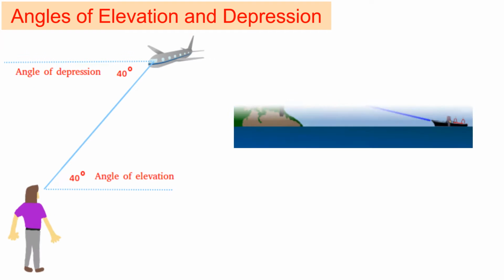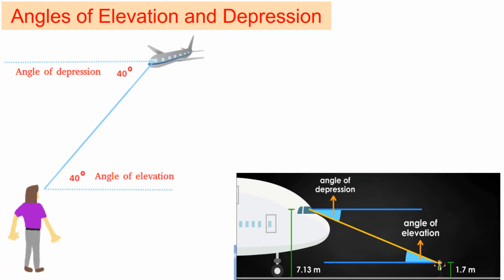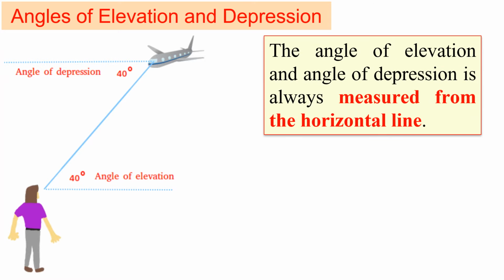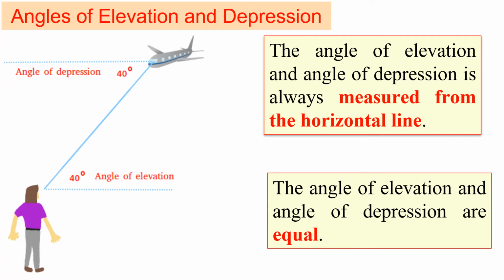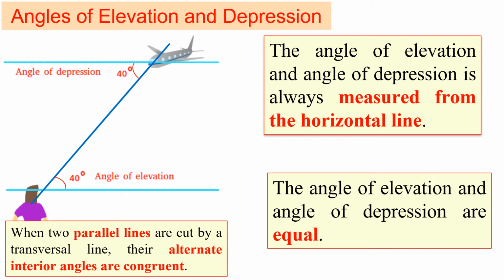There are certain situations wherein there are angles of elevation and depression, just like this one and the other one. Take note that the angle of elevation and the angle of depression are always measured from the horizontal line, and that they are equal. So if we have two parallel lines cut by a transversal, the alternate interior angles are always equal.